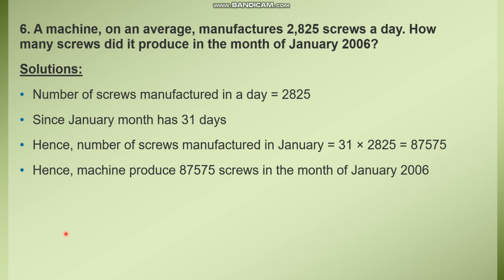Okay, hence machine produced 87,575 screws in the month of January 2006. You can conclude it like this. Got it, children? Okay. So now let's move to the next question.